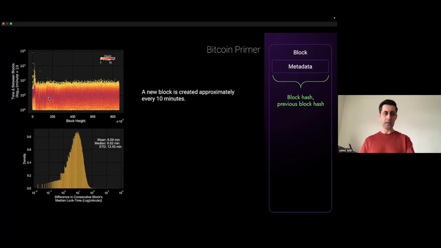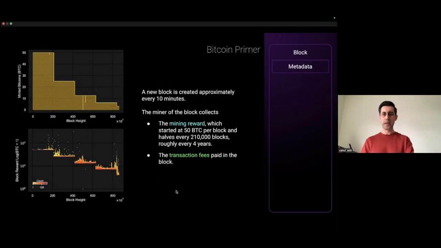This panel shows the time difference between two consecutive blocks, and as you can see, it happens mostly around 10 minutes. I can explain the details of why there are so many deviations here, but it's not very obvious from the graph. And this shows the histogram of the time distributions. Again, we are looking at a mean of about 10 minutes for the time difference between two consecutive blocks.